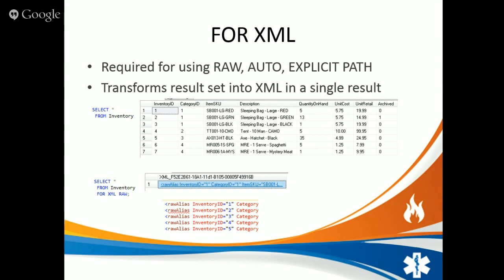You can see here at the top, we have a select star from the inventory table, and here's your classic result set, which you can have as a grid, export to a file, or view as text. Then when you do FOR XML RAW, you can see that it's just a single result, and when you click on it, it opens up another tab and displays the XML right there.